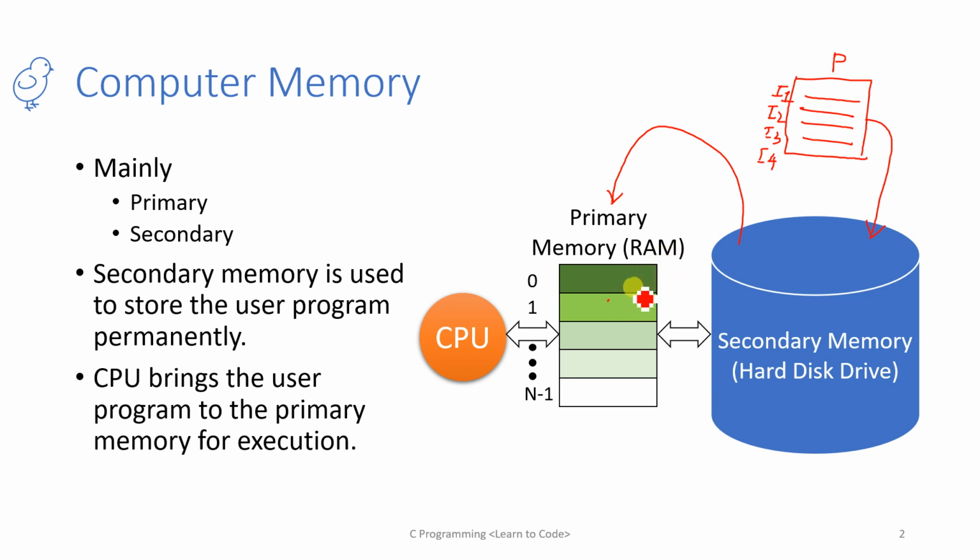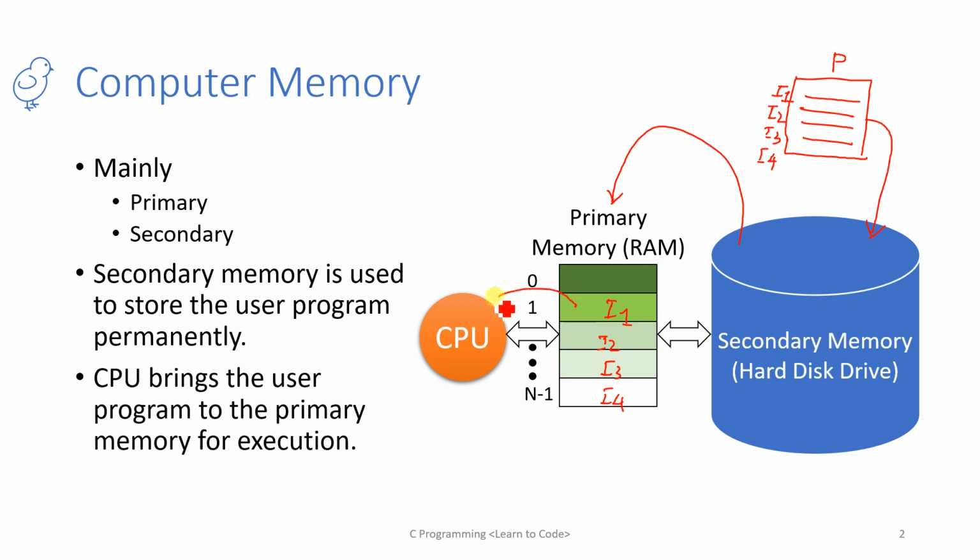That depends upon the architecture. So no need to understand that for the time being. Just assume that each instruction takes 1 block. So these blocks are numbered from 0 to n-1. Let's say I will store I1, I2, I3 and I4 like this. So the program instructions are loaded into the primary memory.